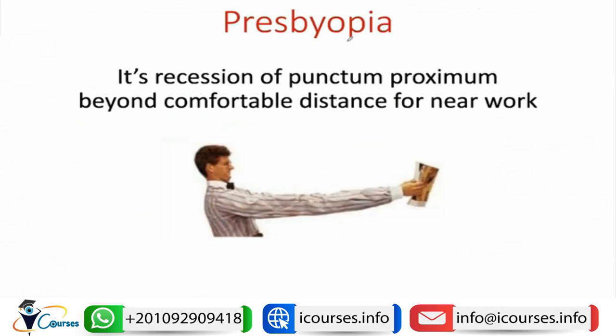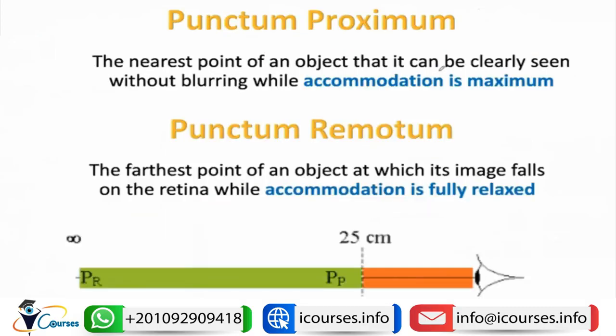Presbyopia means the recession of the punctum proximum beyond the comfortable distance for near work. So what is the punctum proximum and what is the comfortable distance for near work? The punctum proximum is the nearest point at which an object can be seen clearly when the accommodation is maximum.